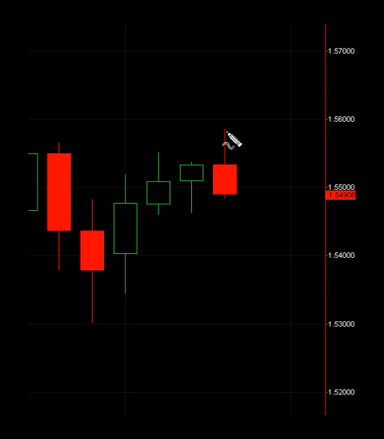When we have these upper tails on the candles like so, that's a bearish exhaustion, and it's also a false break. If you can see here, the market tried to break out and it just failed.